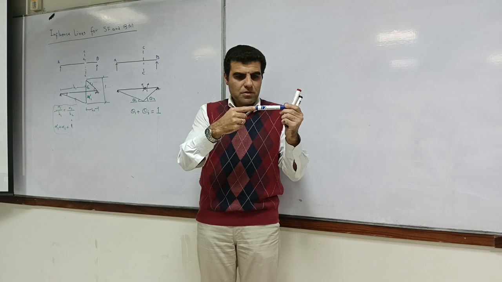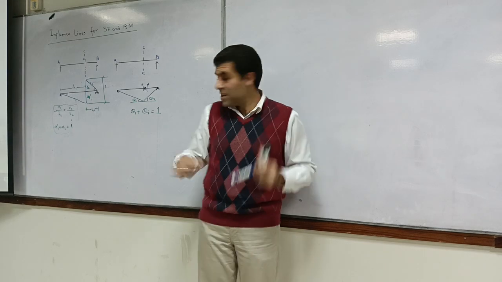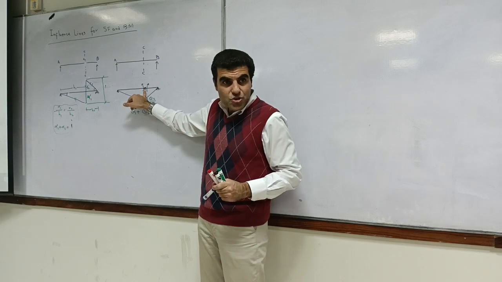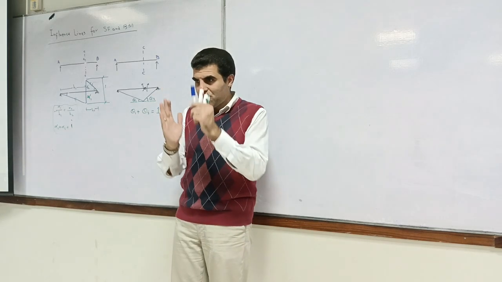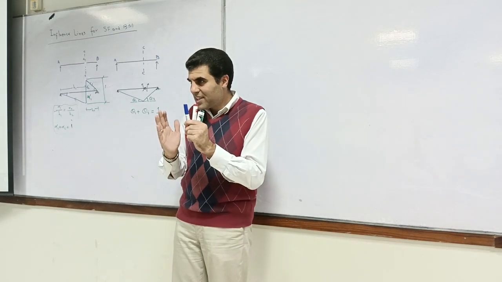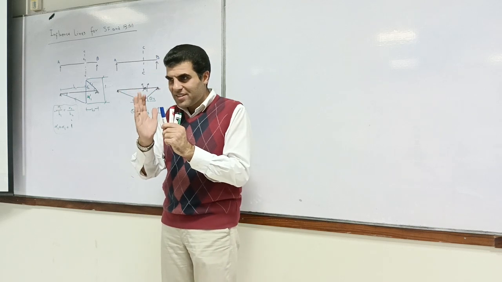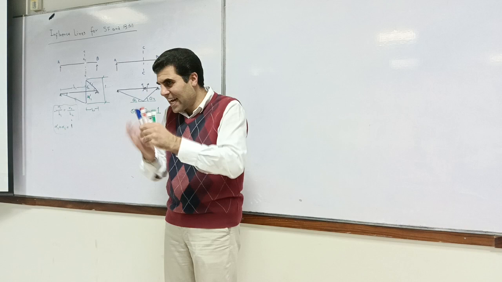Because we are releasing the moment. In the case of shear, it is a force, so for the force, the equivalent displacement is a displacement in the vertical direction, isn't it?